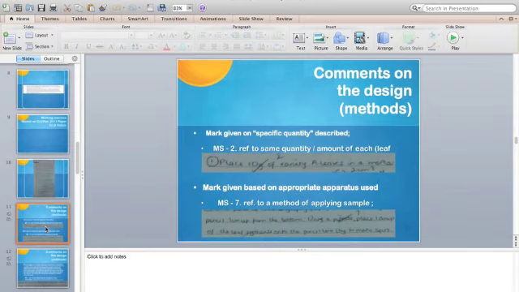Likewise, the specific quantity must be written. Instead of saying place the same quantity of leaf extract used, I don't think that will deserve a mark. So it is with reference to specific quantity and the appropriate apparatus used.